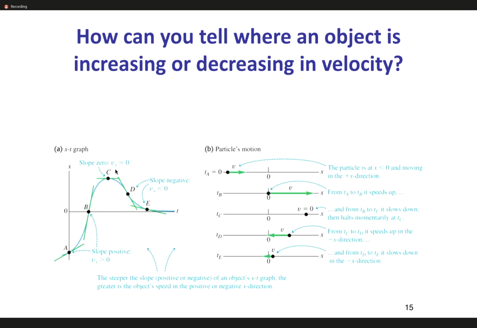Yeah, the derivative of the position is always going to describe the velocity. To determine whether the velocity is increasing or decreasing, you need to take the derivative of the velocity, which is what we call acceleration, which is going to be the subject in a few slides. Does that help answer your question?